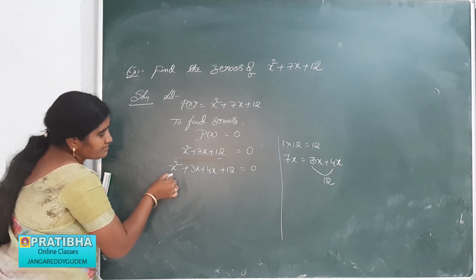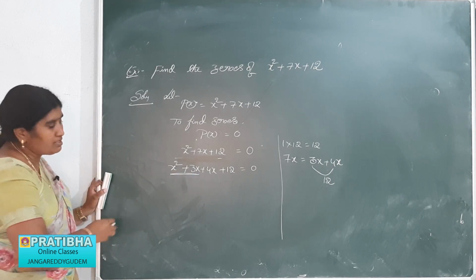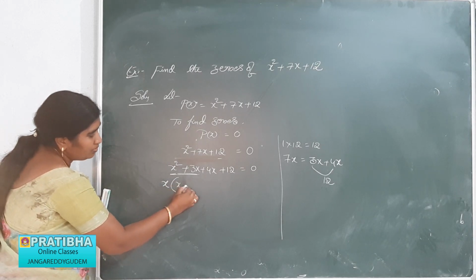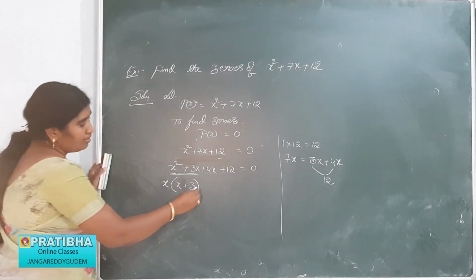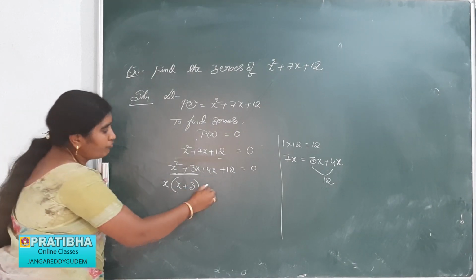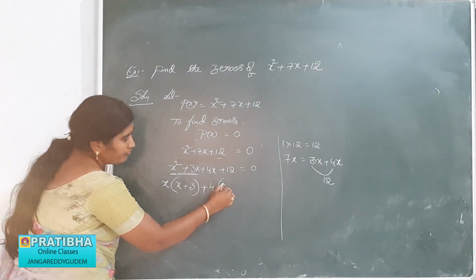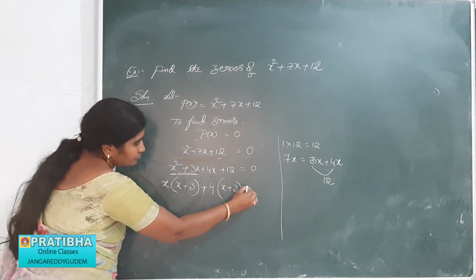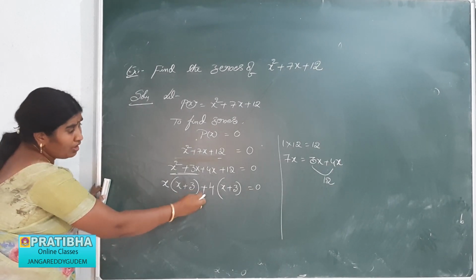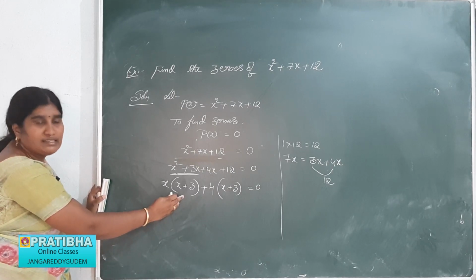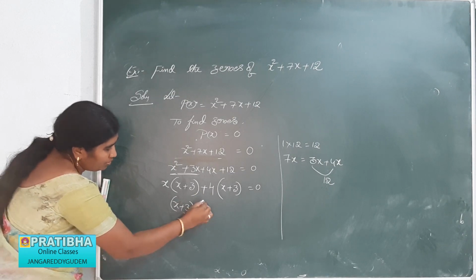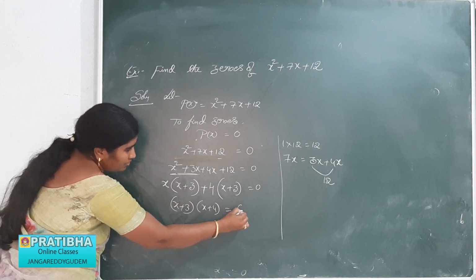X is common in the first two terms. Taking x common, x into x plus 3. 4 is common in the last two terms. Taking 4 common, then x plus 3. Next, x plus 3 is common in both terms. Taking x plus 3 common, x plus 3 into x plus 4 equal to 0.